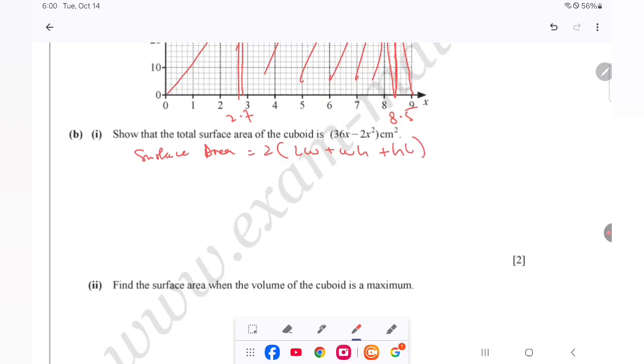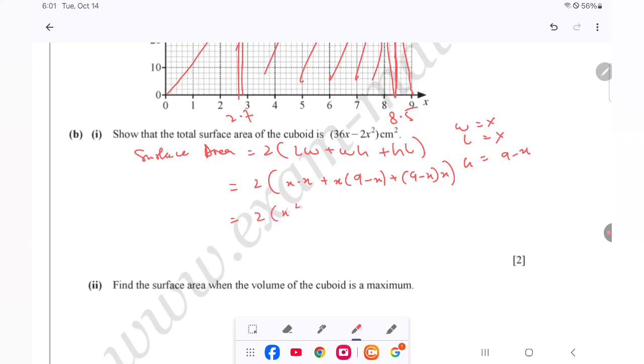So our width and our length is x, and our height is given, which is 9 minus x. Put the values: x into x plus x into 9 minus x plus 9 minus x into x. Solve it further.